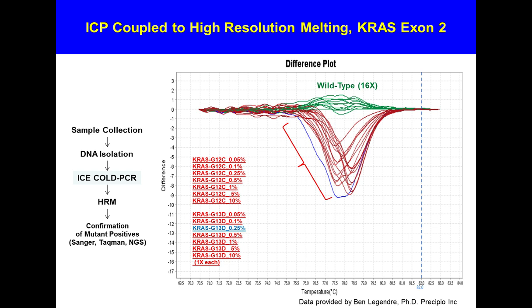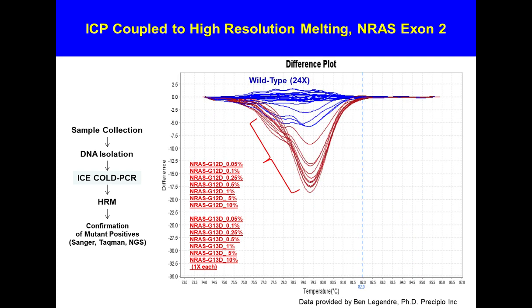So you don't know where the mutation is or which type of mutation it is, but you know there is a mutation. By performing HRM after ice-cold PCR, all in a single tube, you don't need to open the tube necessarily. You already know if there is a mutation anywhere on this sequence, and the same thing for the other sequences at the same time.